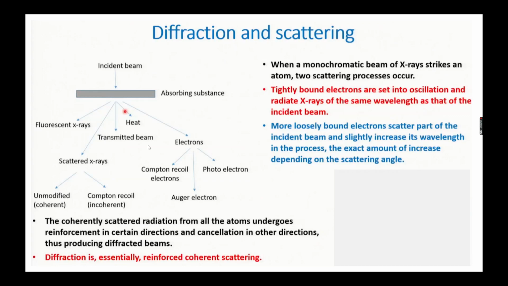So it is giving some relation. Moreover, the coherently scattered radiation from atoms undergoes reinforcement in some directions and cancels in other directions, which leads to the diffracted beam. So that's why diffraction is the reinforced coherent scattering.